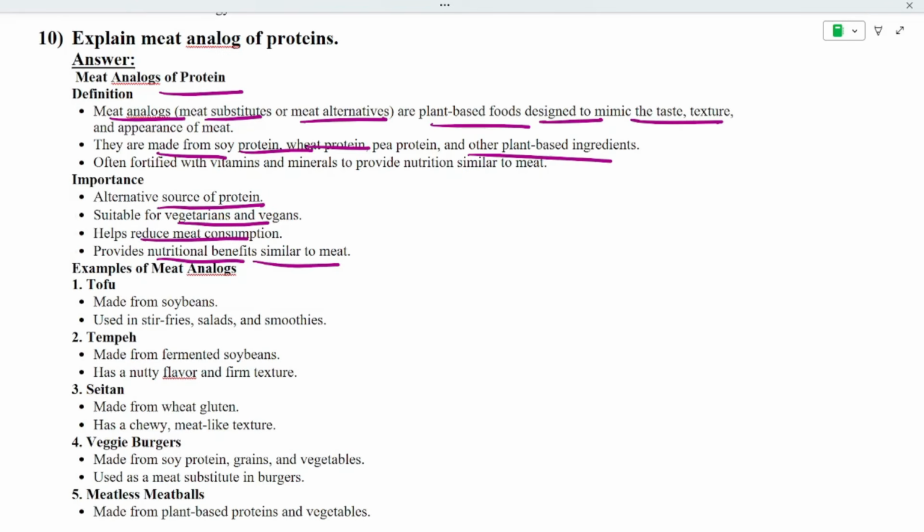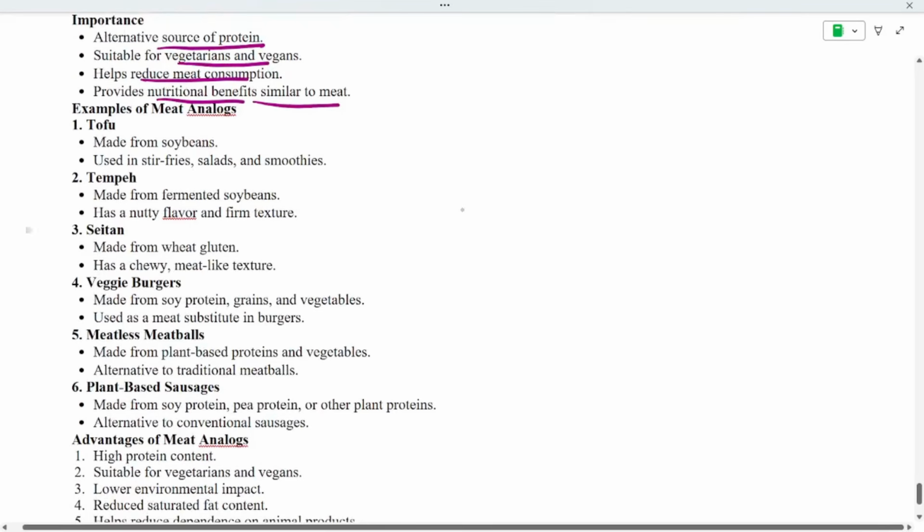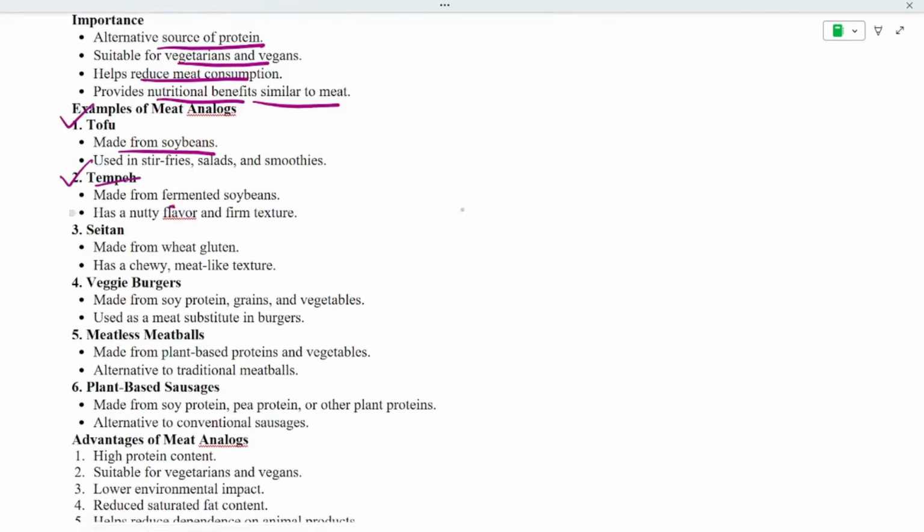Okay, meat analog examples: they can use tofu, that is from soya beans, tempeh, that is from fermented soya beans, and seitan from wheat gluten. Veggie burgers, that is soy protein, grains and vegetables.